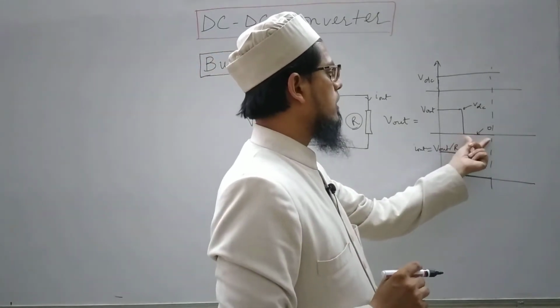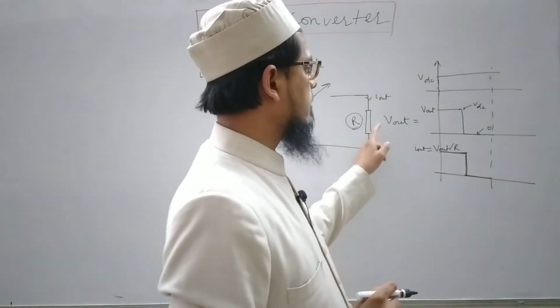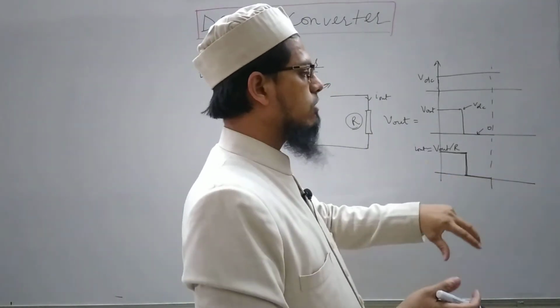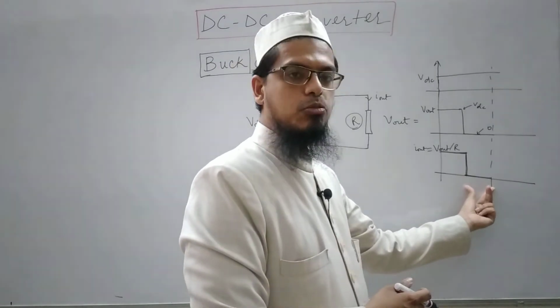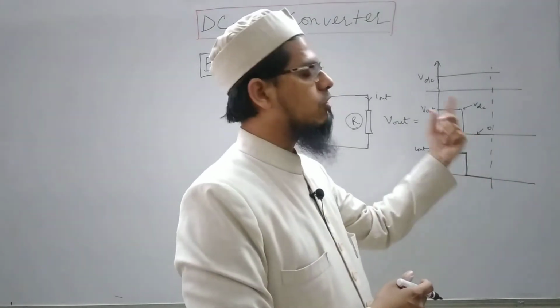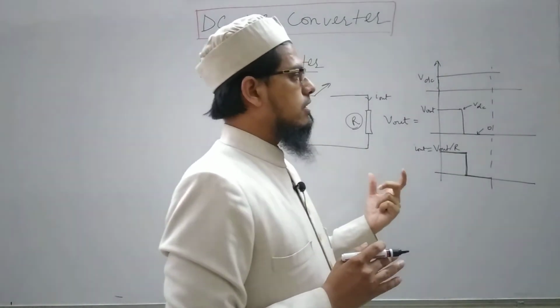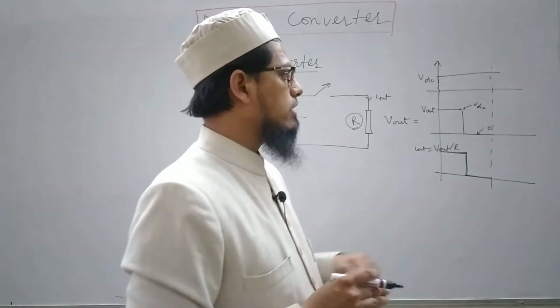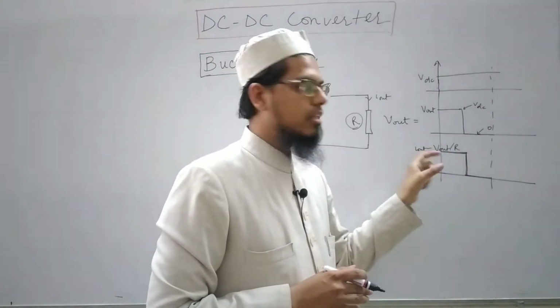So when the output voltage is 0, no current is flowing through the resistor. It is actually vice versa: since there is no current flowing through the output load, the output voltage is 0. But there is some issue here. The issue is the large fluctuation in the current.